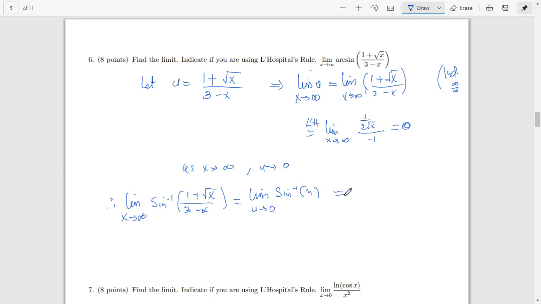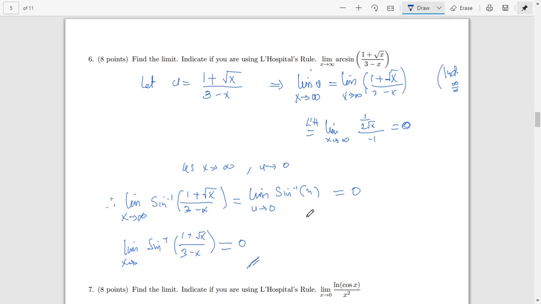So sine inverse of u as u goes to 0 is basically 0. So in conclusion, the limit as x goes to infinity of sine inverse of 1 plus square root of x divided by 3 minus x is equal to 0, and that is that.